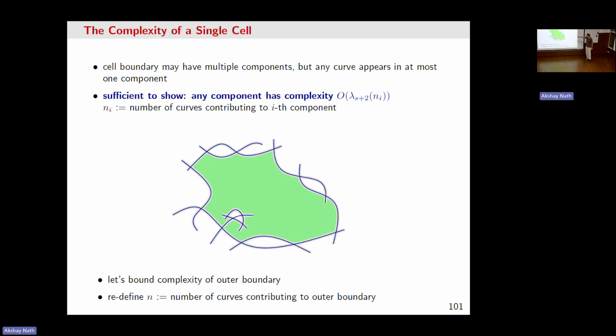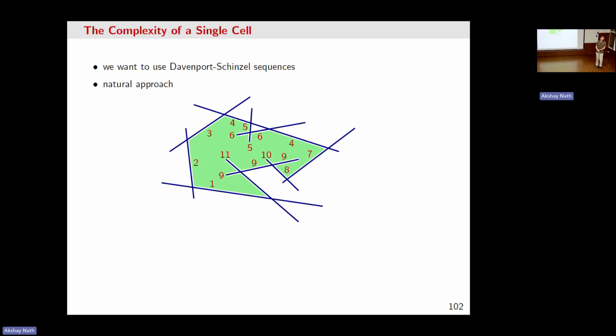Okay, so I'm looking at one component, and now I simply say that n is the number of things of this component. So you would like to do the following. Let's say that the component is the outer boundary of the cell. I walk around that outer boundary.